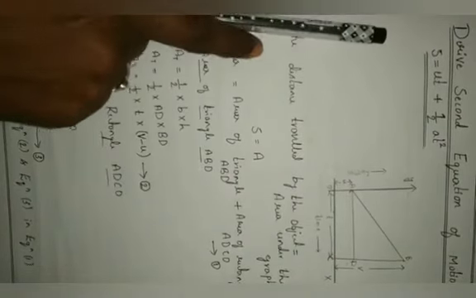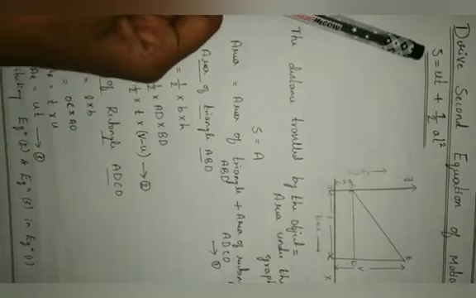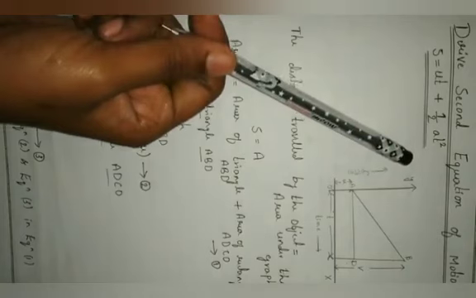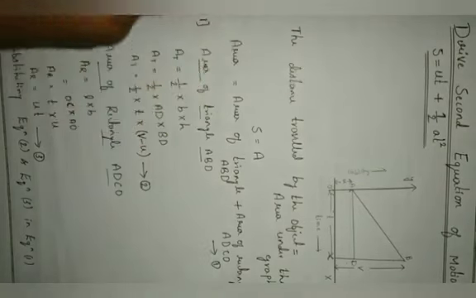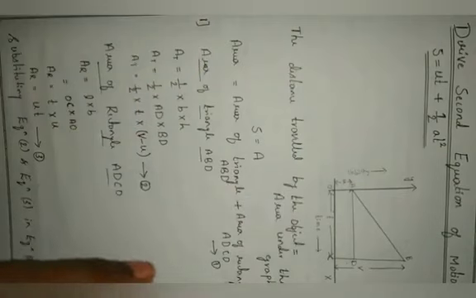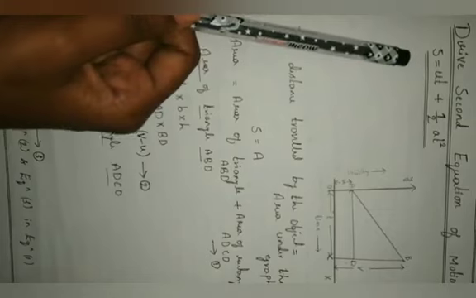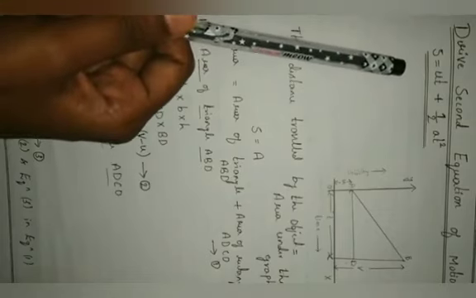In the next class we can study the third equation of motion also. S is equal to UT plus half AT square. Here S is the total distance travelled by the object in the time interval of T.